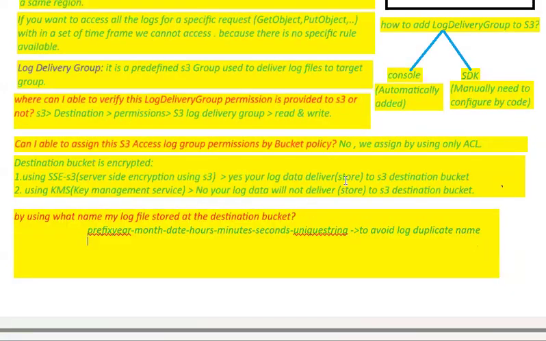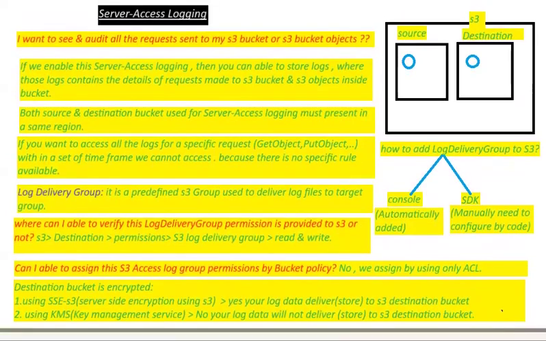So let's say I provided my prefix name as logs. Now I requested an object which is present in my source bucket after enabling this server access logging. Then what happens? A log must be stored, right? Because I accessed my object, a log will be created and stored in the destination bucket.